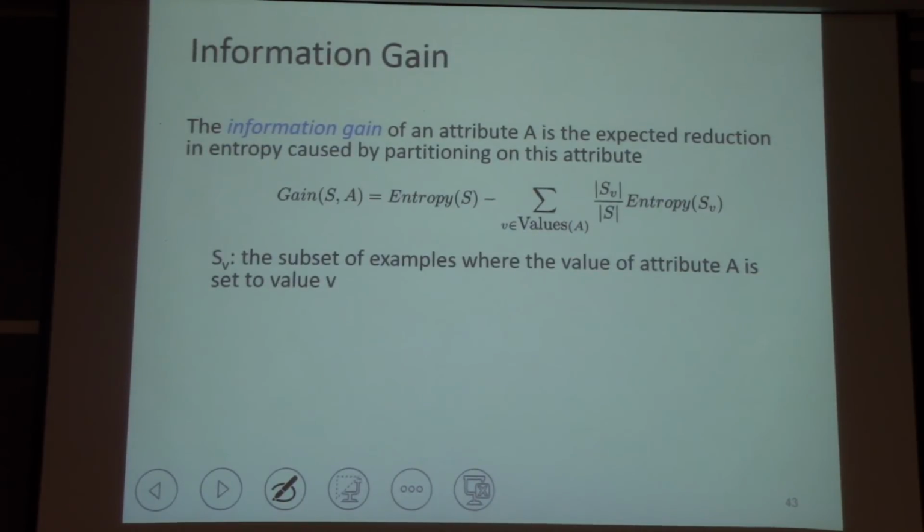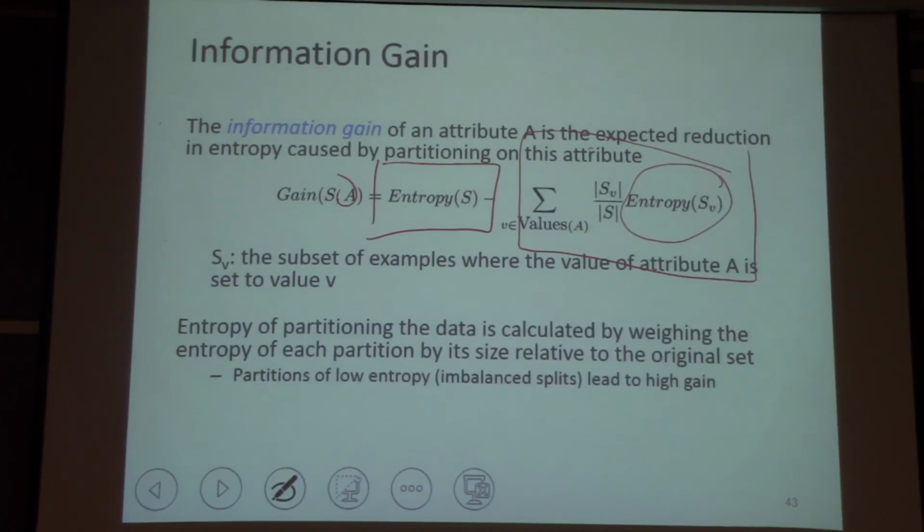Say you have a data set S, and you want to pick the gain with respect to an attribute A. You first calculate the uncertainty in the entire data, and for every possible value that A can take, you find the entropy of that subset of the data. And you take the average of that. This is basically the weighted average of the remaining entropy, and the difference of these two is the information gain.